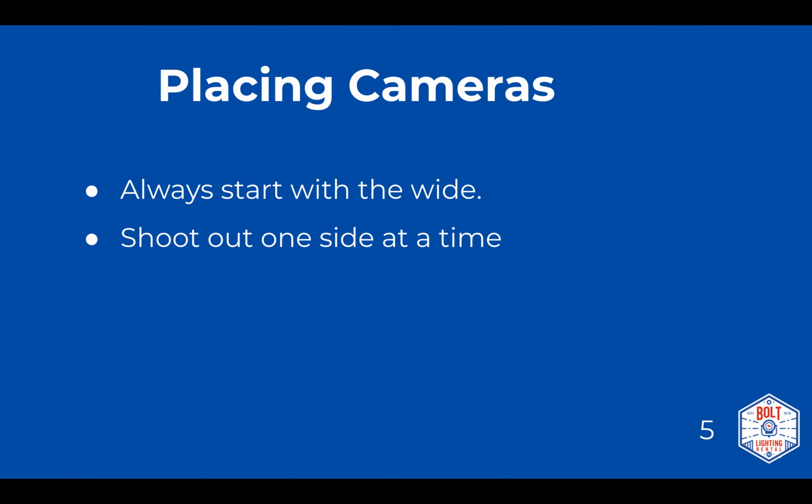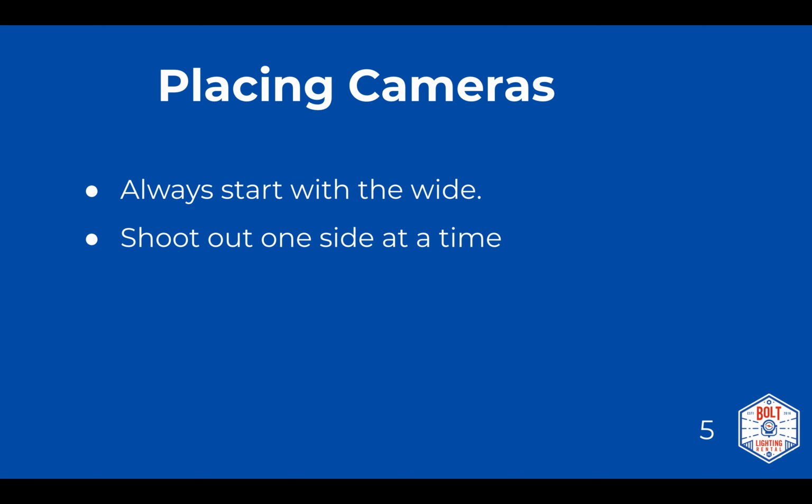Then always try to shoot out one side at a time. Once you figure out your wide shot, you're going to want to punch in from that direction, and continue to punch in and get all the coverage that you need looking that way.